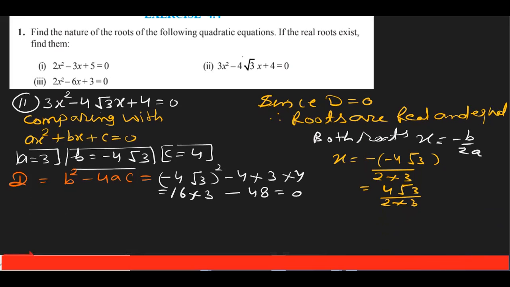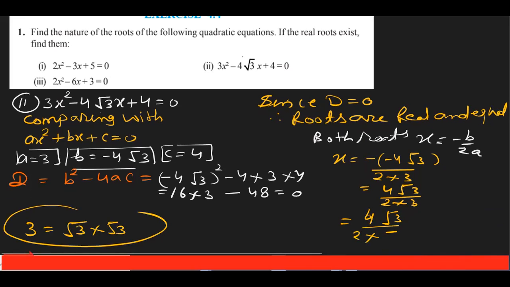So this can further be written as root 3 into 2. 3 can be written as root 3 into root 3. So we can write root 3 into root 3. So this one root 3 is cancelled. 2 2s are 4. So that is 2 upon root 3.